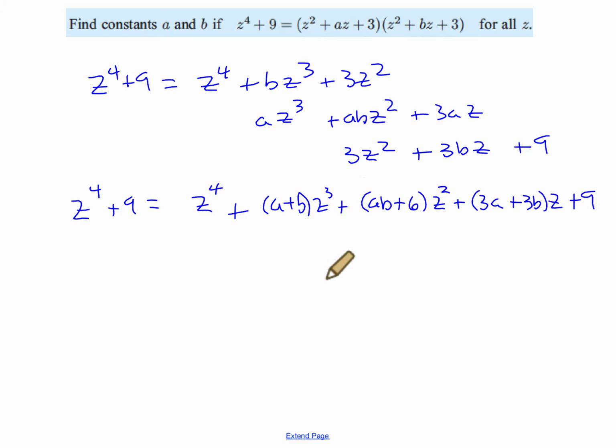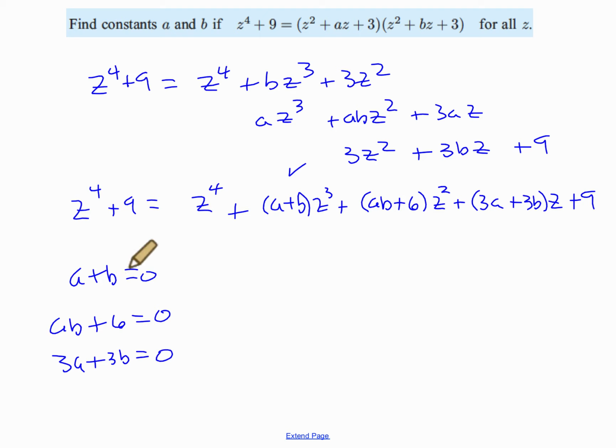And if we start equating coefficients, a plus b must equal 0 because there's no z cubed. ab plus 6 must also equal 0 because there's no z squared. And 3a plus 3b must also equal 0. So let's call these equations 1, 2, and 3. From equations 1 and 3, we can see that b is equal to negative a.